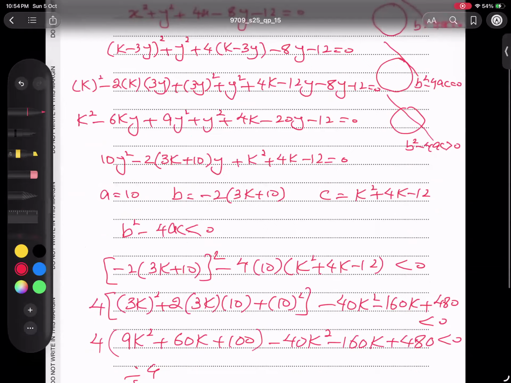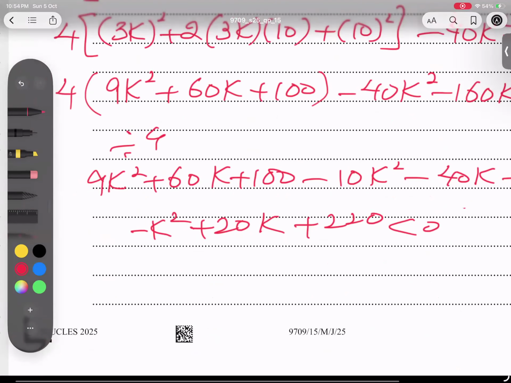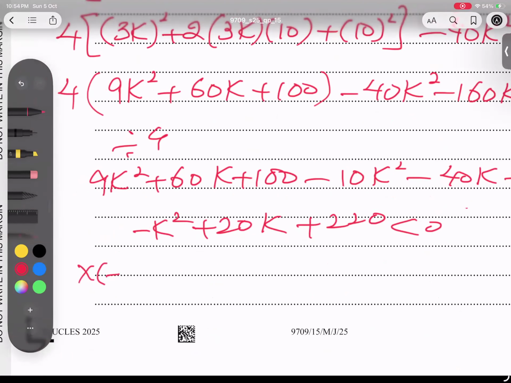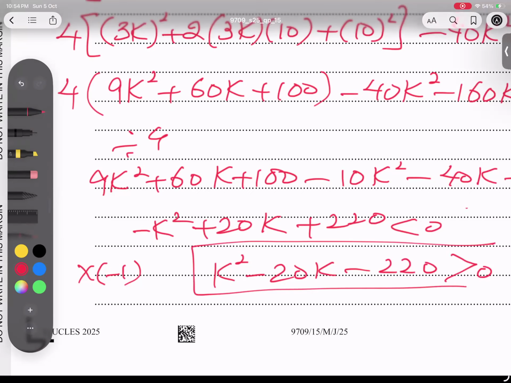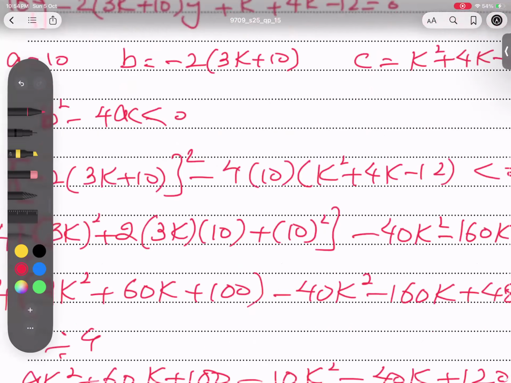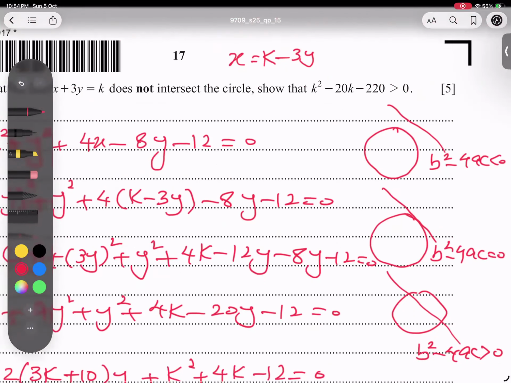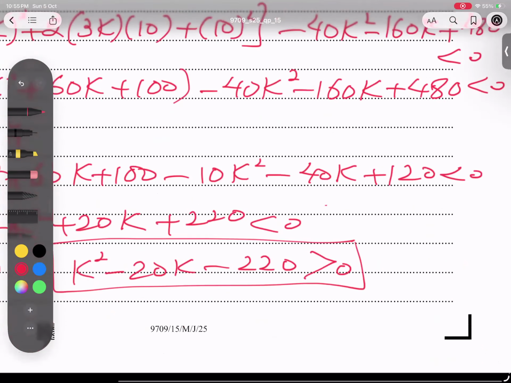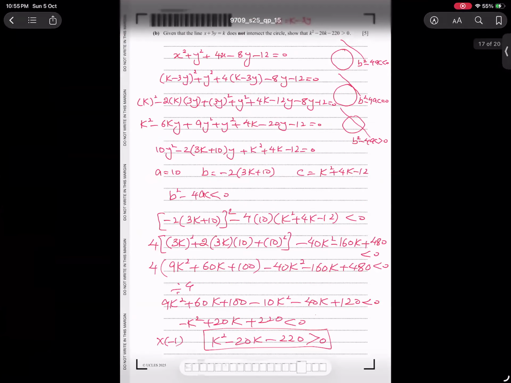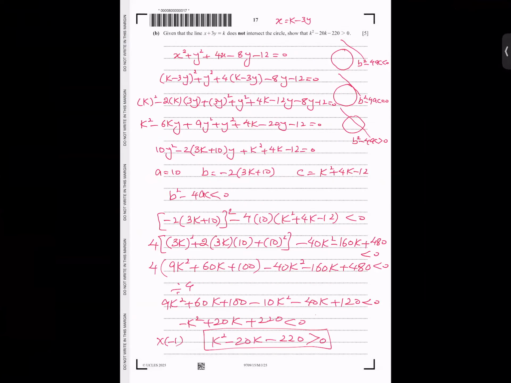We are close, because I don't need this minus 1, so multiply by minus 1. I got k squared positive, 20k negative, and 220 negative, and the inequality will change. Alhamdulillah, I believe the concept is very clear and the question is complete.